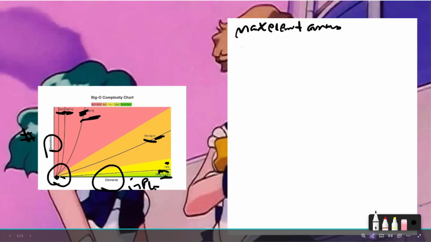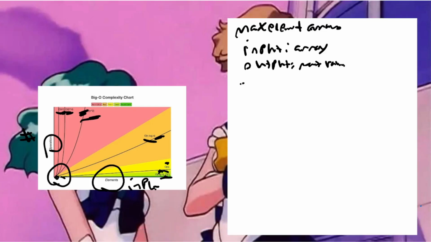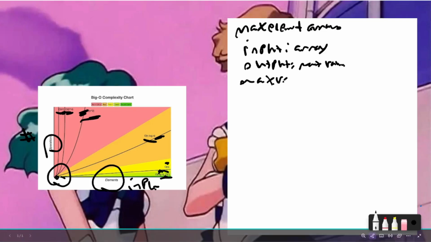To set this up, we have an input of an array, and we have an output of the max value in it. So we can set it up as maxval initialized to the first element in our array.